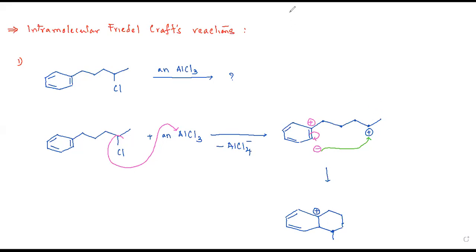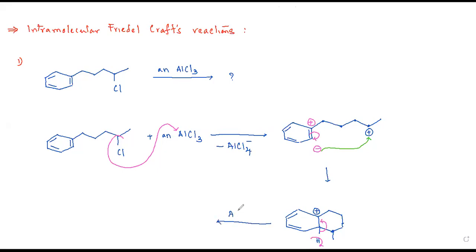Now, let us take a hydrogen out and do this so that the positive charge goes up. And this H plus can of course be removed along with the AlCl4 minus that is being removed in the first step.